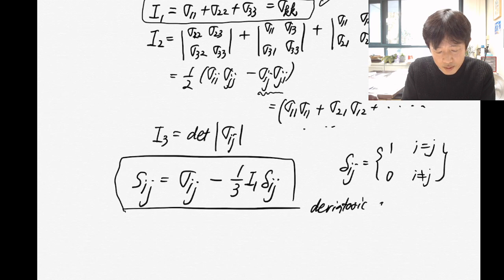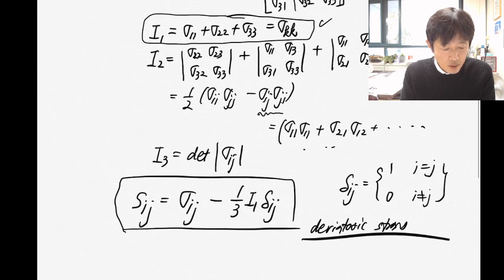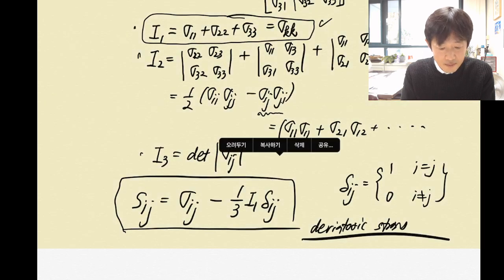Then what is the physical meaning of deviatoric stress? We'd like to consider only the part of the stress which contributes to distortion of a material point. That's the physical meaning of the deviatoric stress. So we can define the same invariants here: 3 invariants for this deviatoric stress.